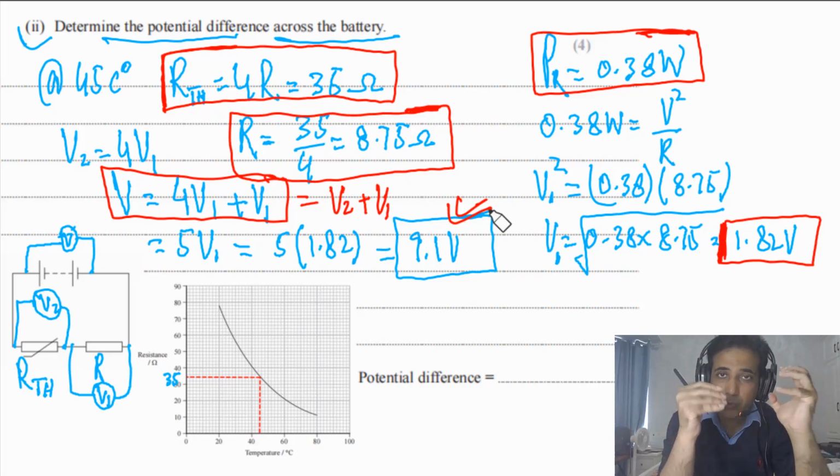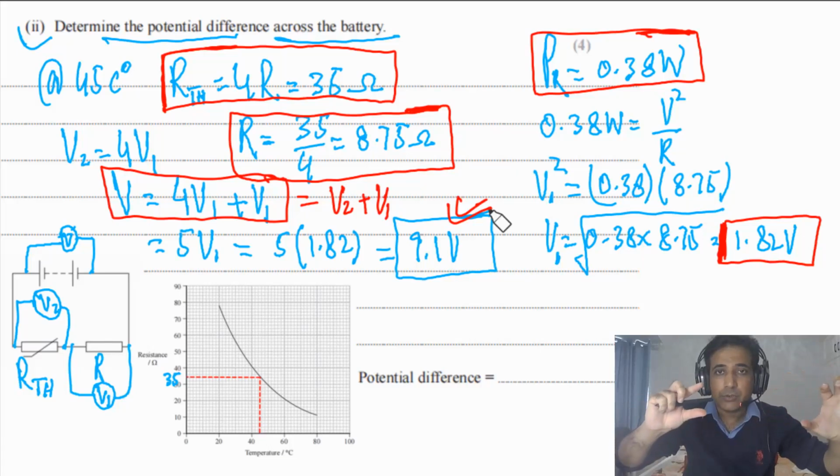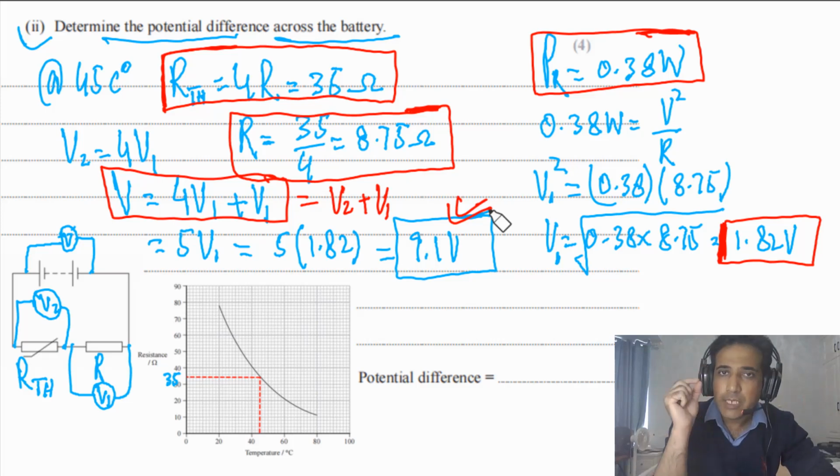So when you do questions, try to develop that sequence of steps. It takes time, it is just a matter of practice. When you practice, do not just look at the mark scheme and copy everything. No, you need to understand how you will proceed from the given data to the final answer.